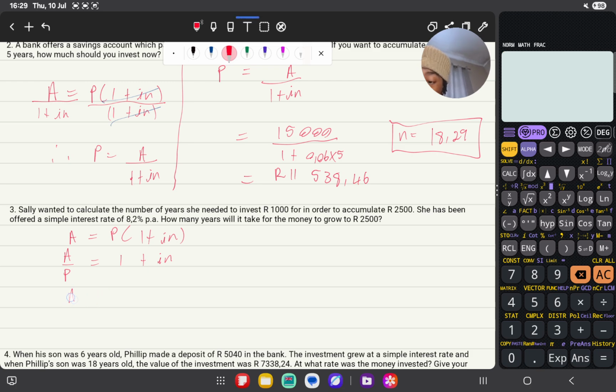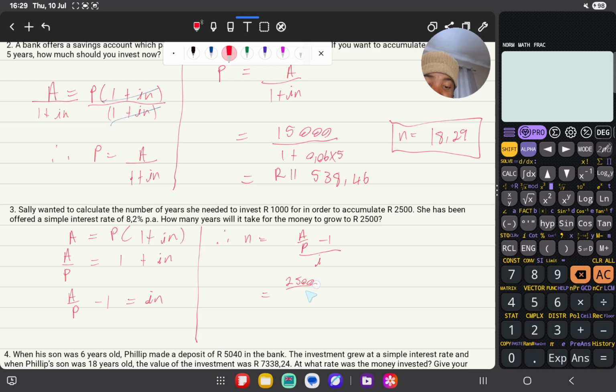Then A divided by P minus 1 equals in. Therefore n equals A divided by P minus 1, divided by i.